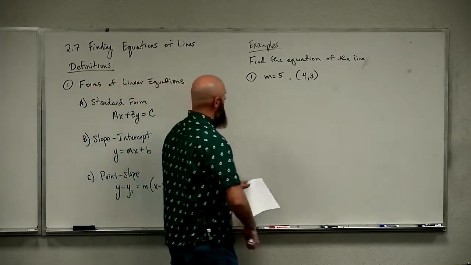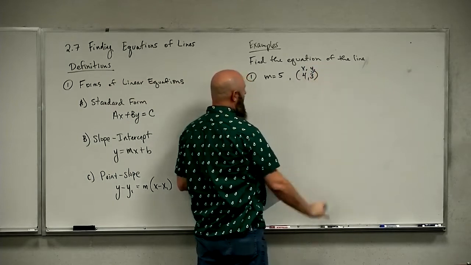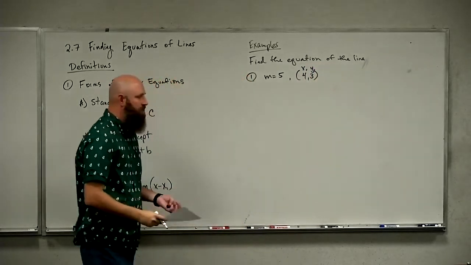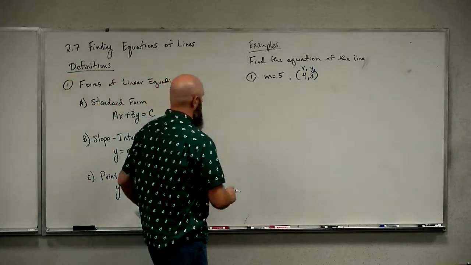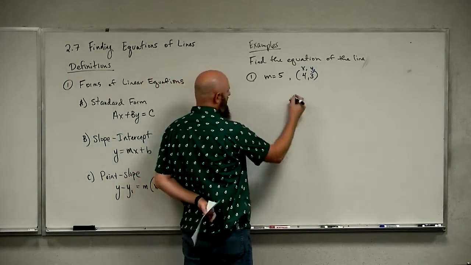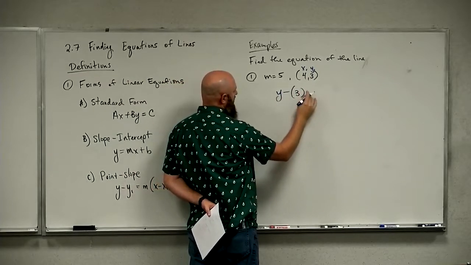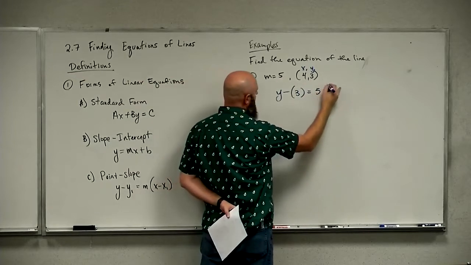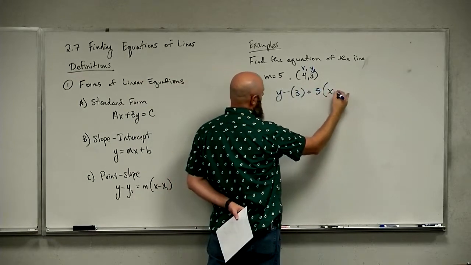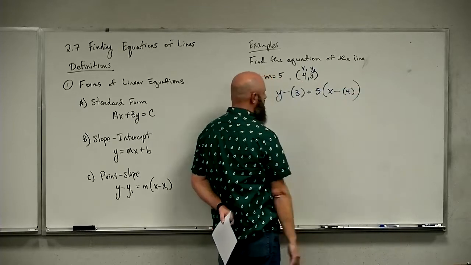Remember that this point is considered x1, y1. So when I plug into my equation, I'm going to say y minus 3, because that's the y1, equals m, so 5, times x minus x1, which is 4.